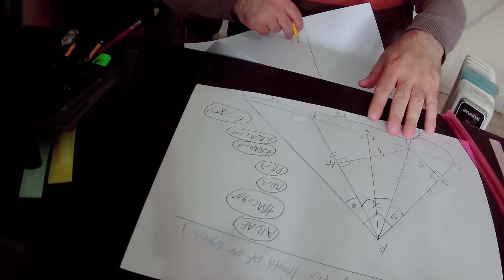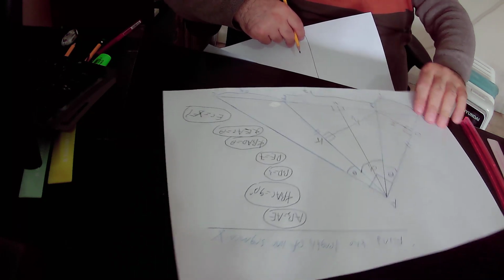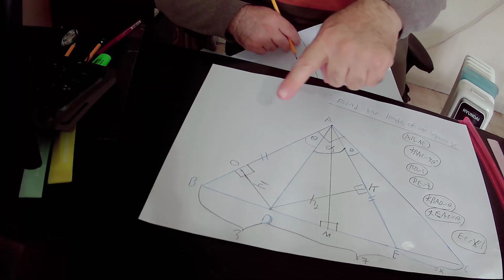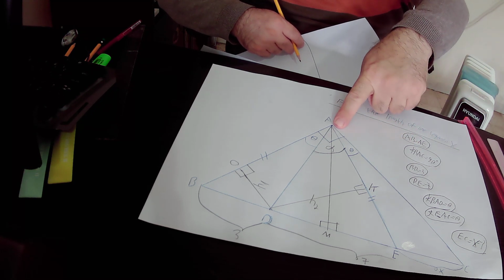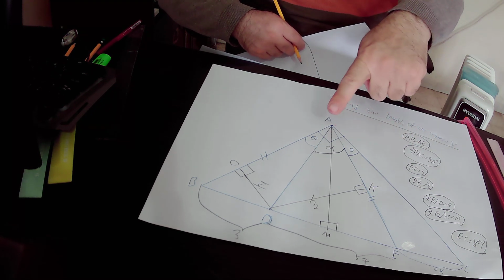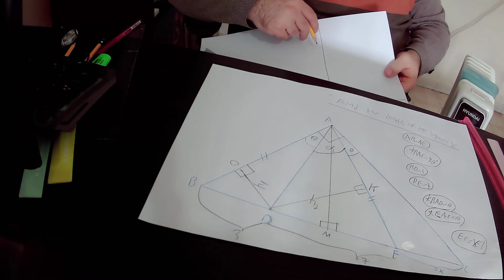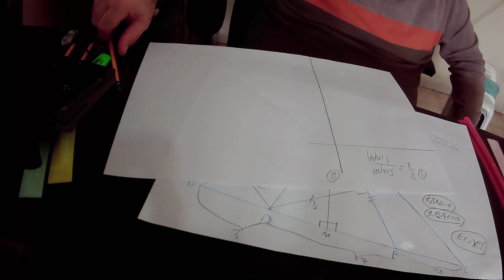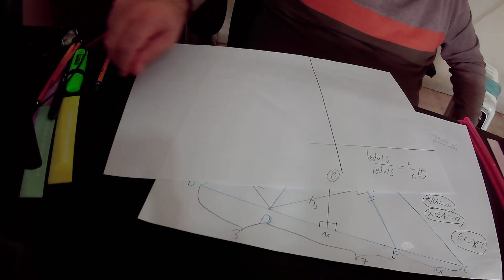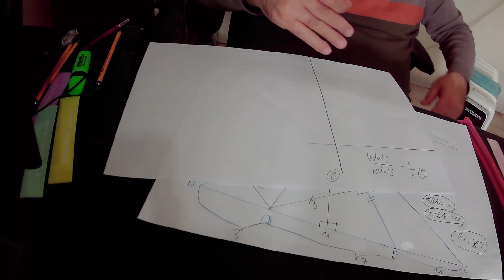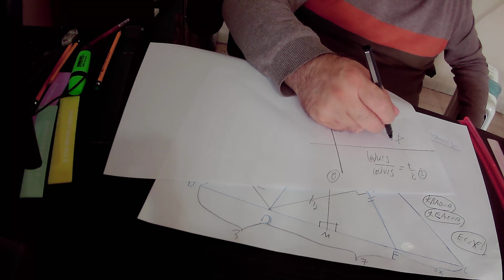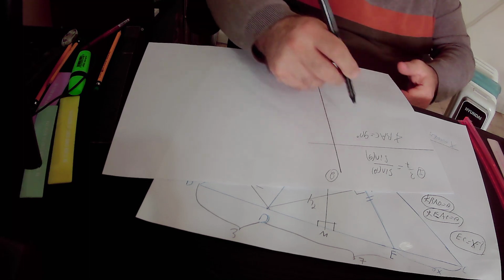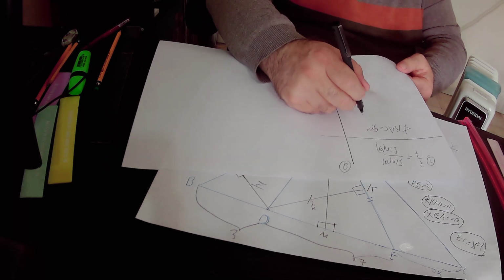From the drawing, we can see that angle BAC that equals 90 degrees, it also equals theta plus alpha plus theta.